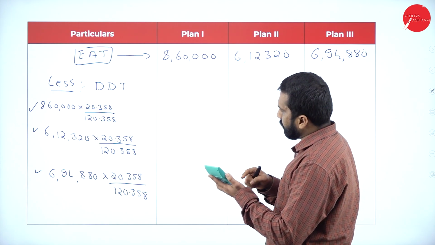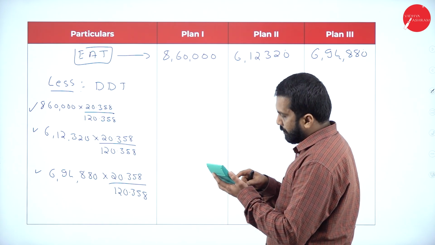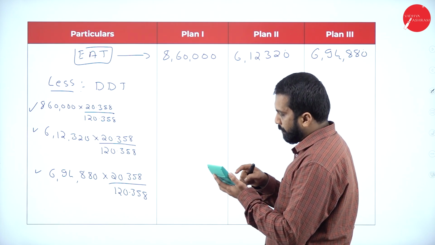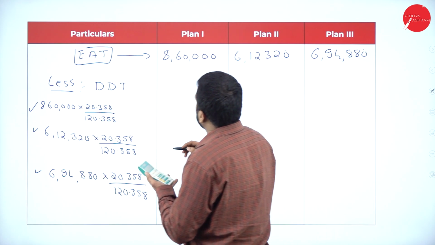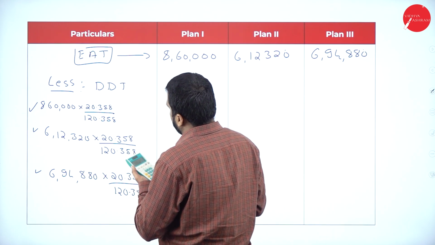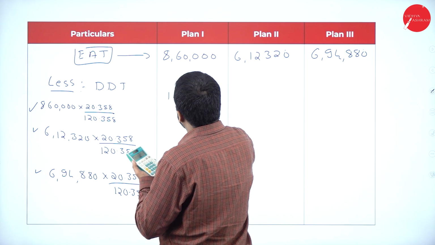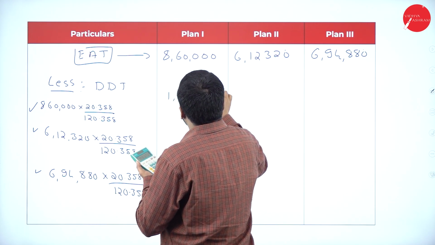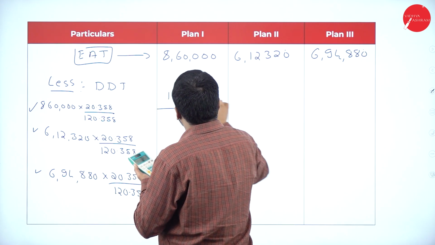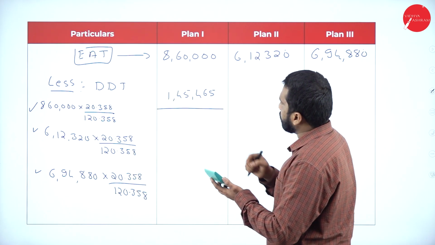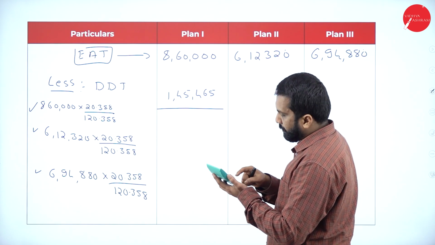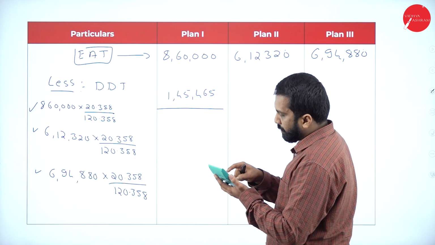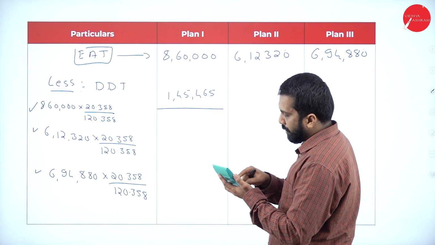8,60,000 multiplied with 20.358 divided by 120.358. So it will be how much? You got 1,45,465. First one. And the second one is 6,12,320 multiplied with 20.358 divided by 120.358.